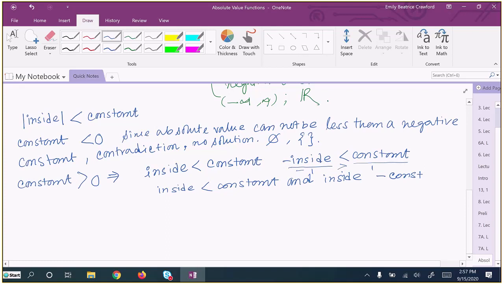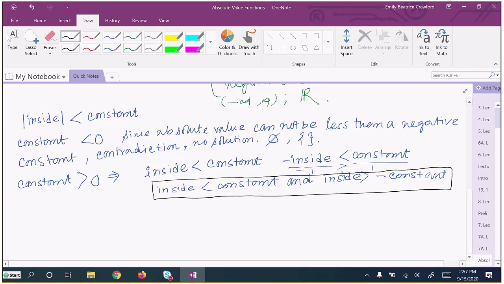So I will get inside of the absolute value is greater than negative of the constant. And that we can consider as the rule for solving a less than inequality when the right hand side is a constant. Now, as we have done previously, if we had less than or equal to, all these rules still stay the same. Instead of strict inequality, we have equalities everywhere.